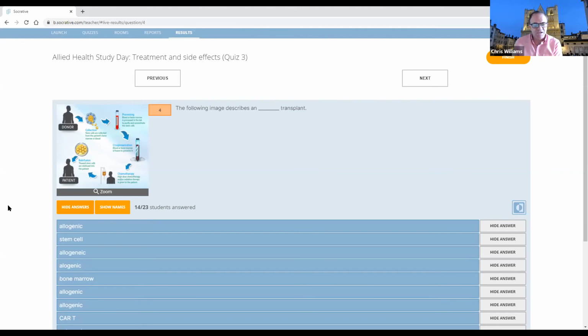It's an allogeneic transplant. It's just important to know there are two types of transplants we're using. The language changes. Predominantly now you'll see HSCT in the notes. That just means hematopoietic stem cell transplant, the same thing as what we used to call a bone marrow transplant.